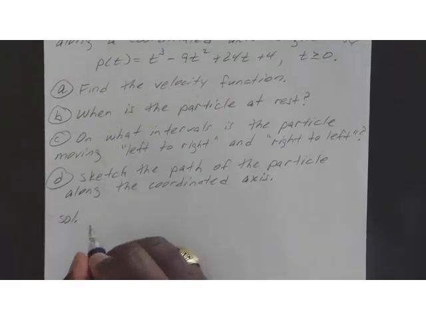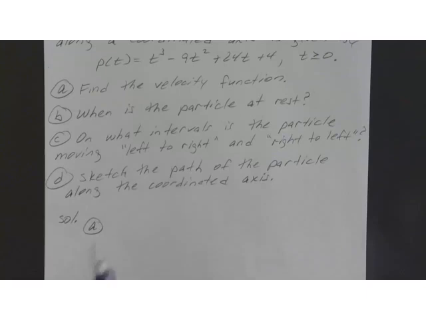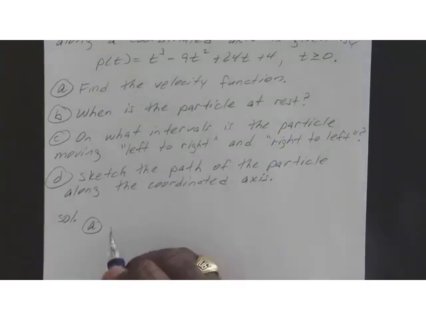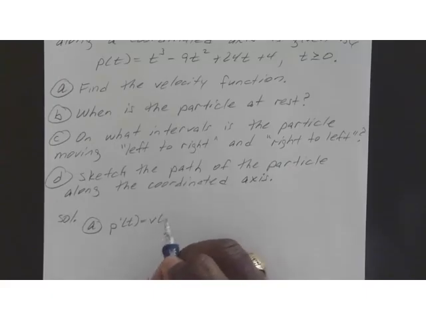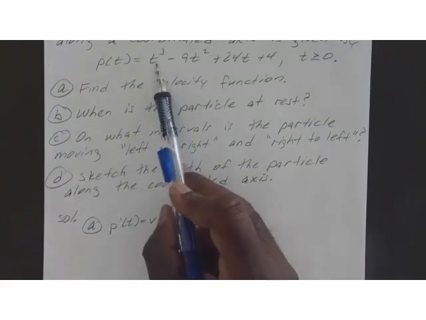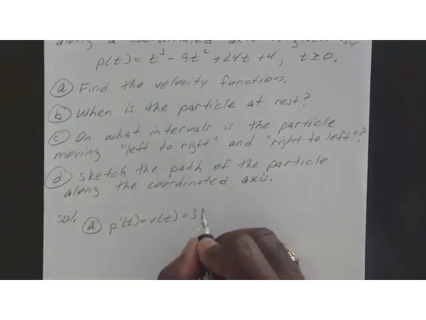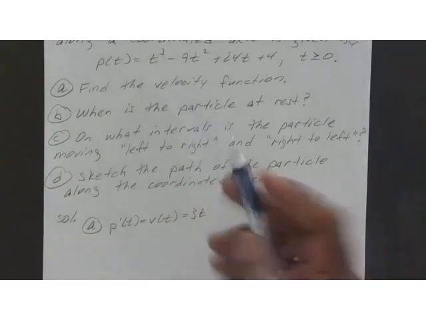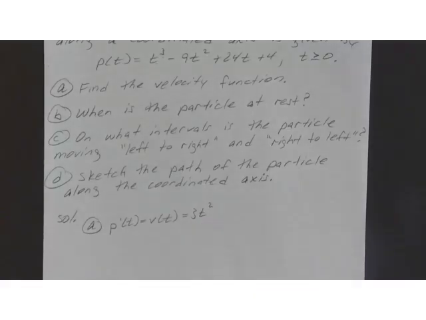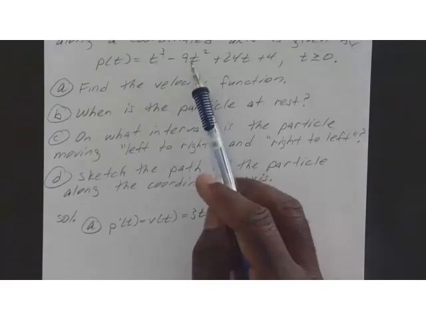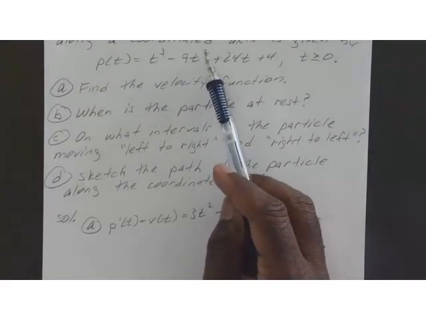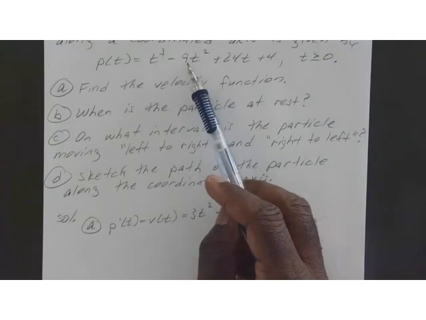Okay. Well, for A, we know that our velocity function is just the first derivative. So the derivative of t to the third power, bring down the 3, times t to the power of 3 minus 1, which is 3t squared, minus 9 times the derivative of t squared. Derivative of t squared, we bring down the 2.